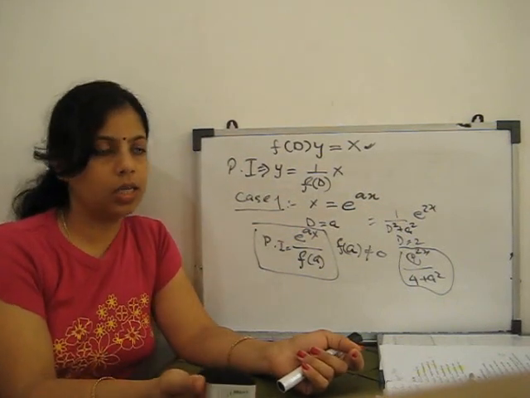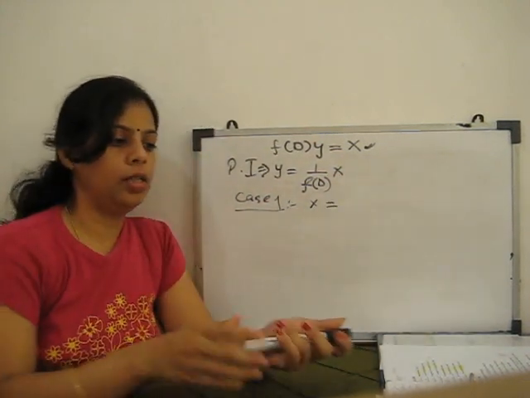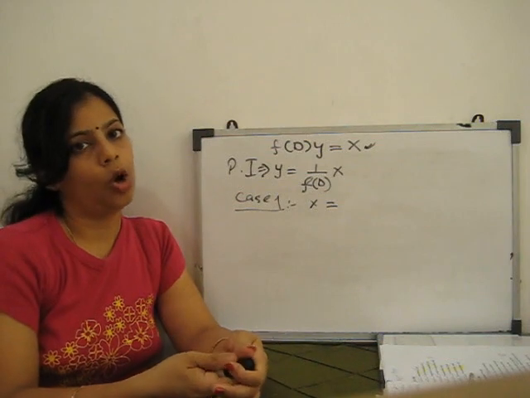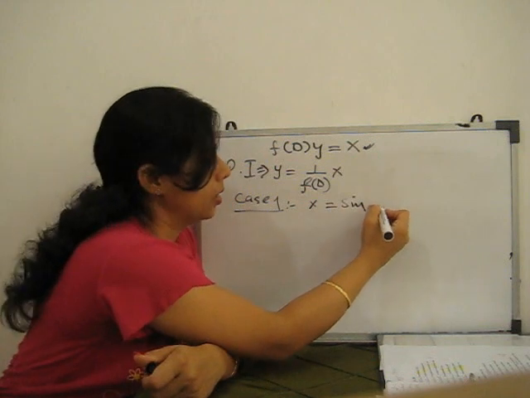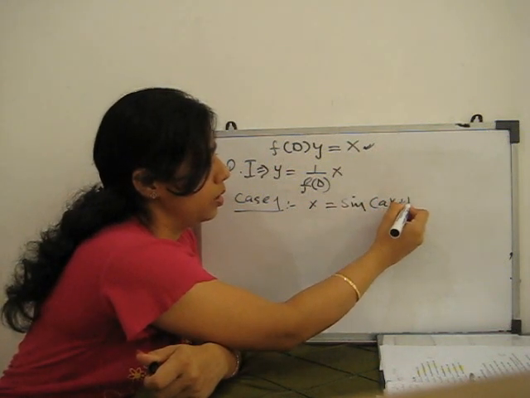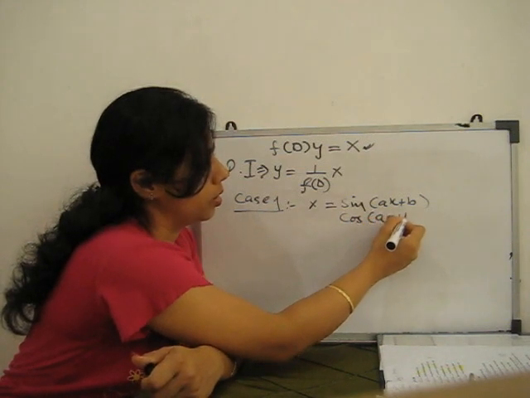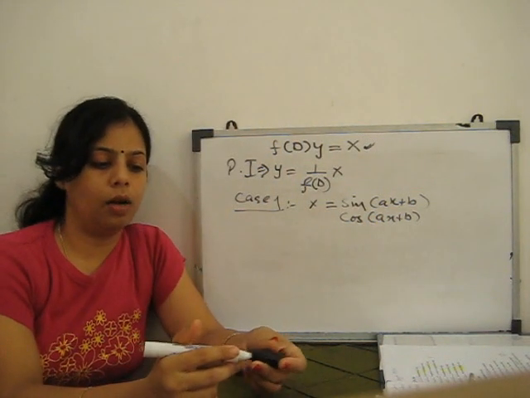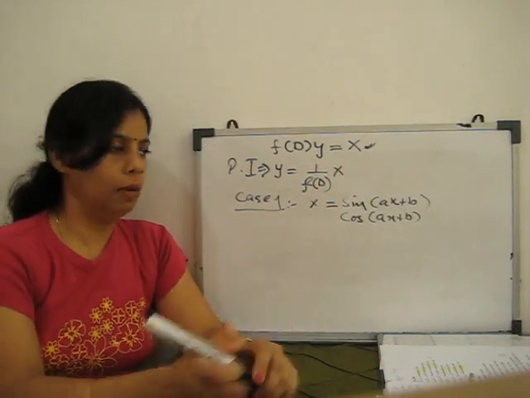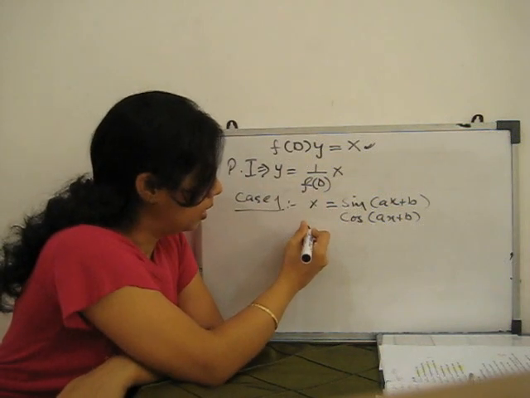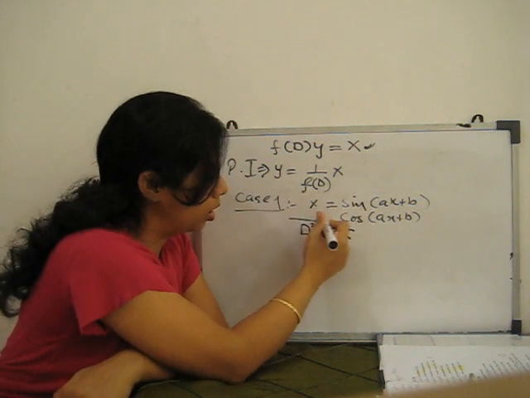The second case we discuss is when the given function is in the form of sine or cosine. The given function is sine of ax plus b or cos of ax plus b. If the given right hand side function of x is in the form of sine or cosine, just remember, substitute D square is equal to minus of a square.